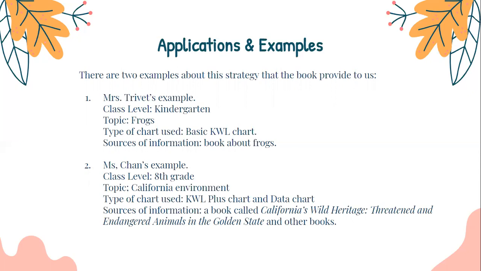Mrs. Trivit provides students a small container of frogs to encourage them in this activity so students can actually see the frogs. In her teaching activity, Mrs. Trivit uses a basic KWL chart in which she starts by asking students what they already know about frogs and what they want to learn about frogs. So she can fill out columns K and W.